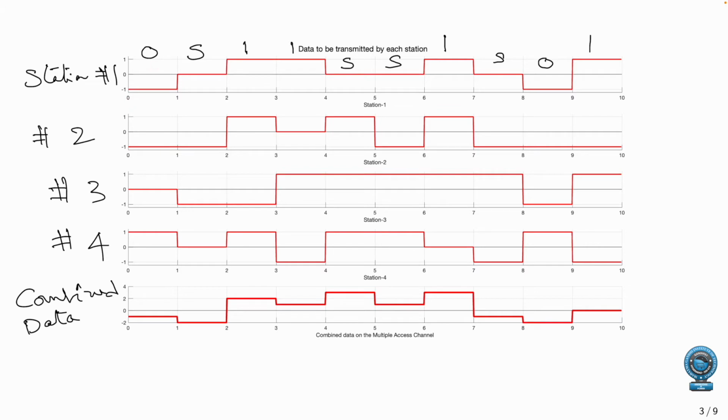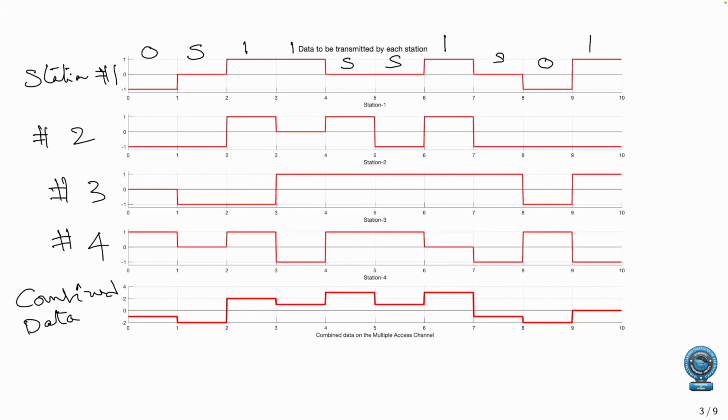For example, whenever they want to send 0, they use a pulse with amplitude -1. Likewise, this station is also using a pulse with amplitude -1, and similarly station 3 also uses -1 somewhere.